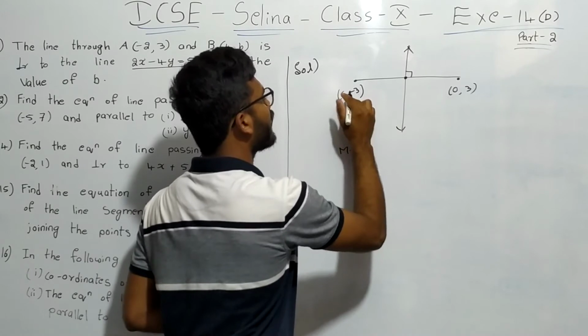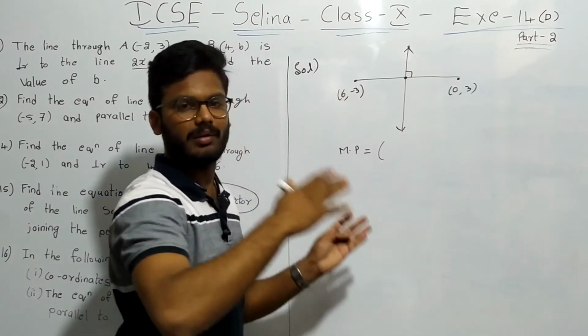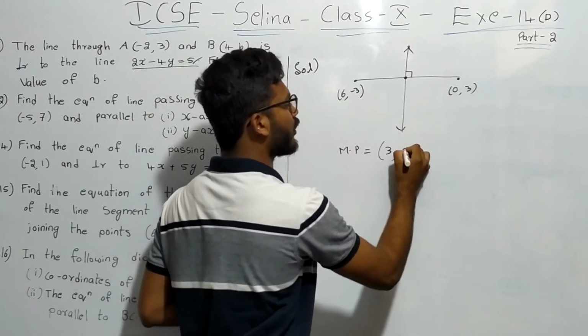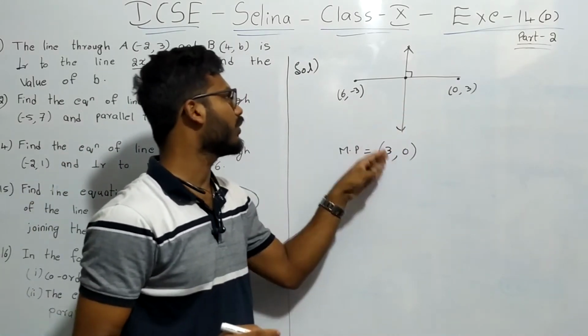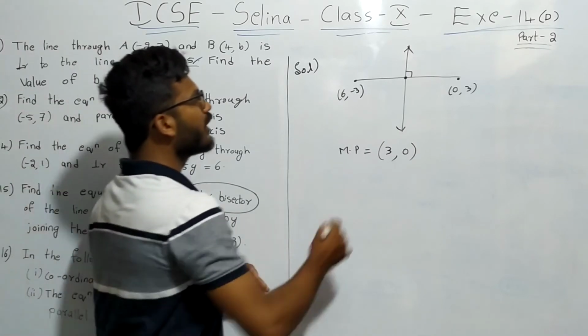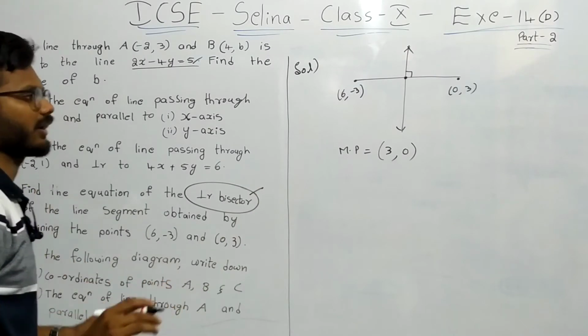The midpoint. Midpoint is (x1 plus x2) by 2, (y1 plus y2) by 2. 6 plus 0 is 6, by 2 is 3, and -3 plus 3 is 0, by 2 is 0. So the midpoint is (3, 0). Now we have to find the equation of the perpendicular bisector.